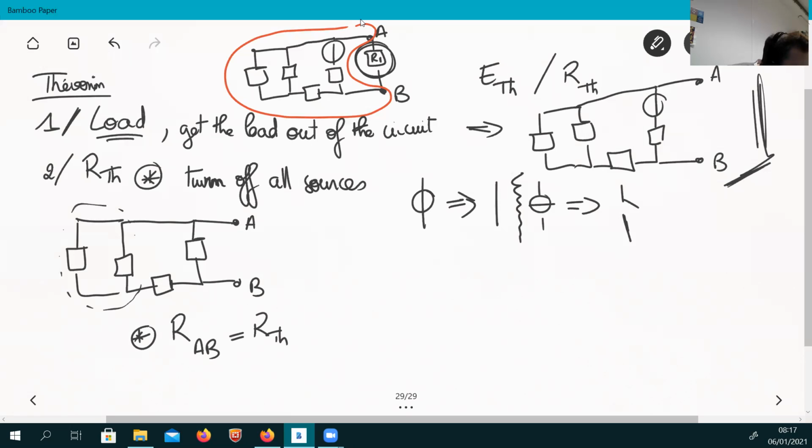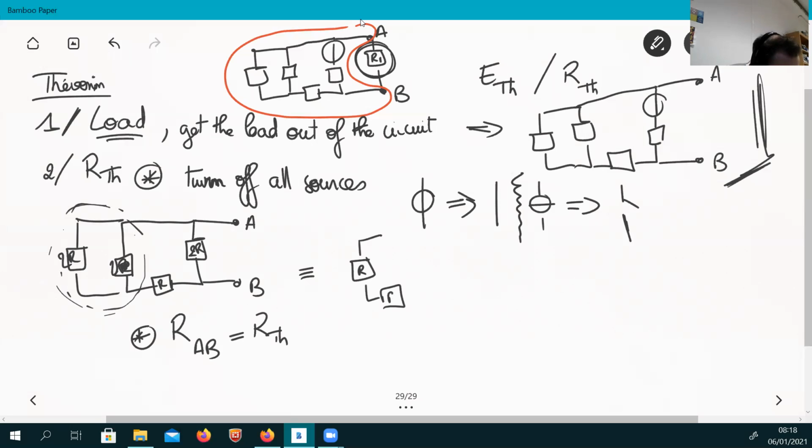These two here are in parallel, so you can simplify them. Then you will have this guy. Once it's simplified, let's go quickly through this. So let's say that this is 2R, 2R, this is R, this is 2R. So these two are in parallel makes R.